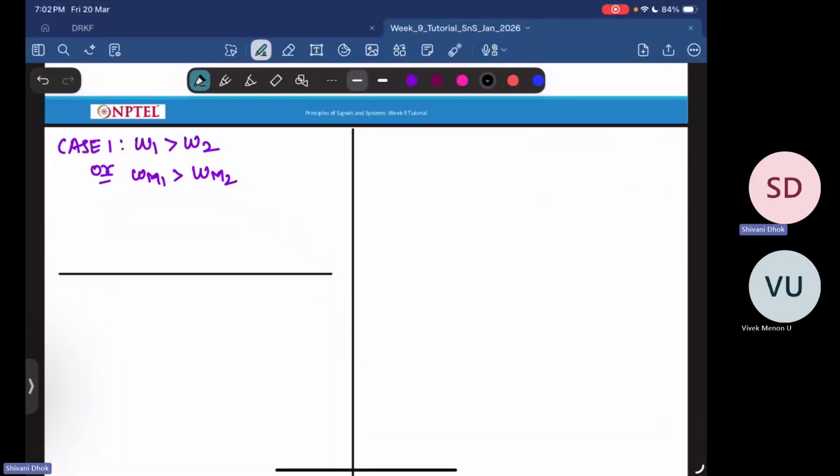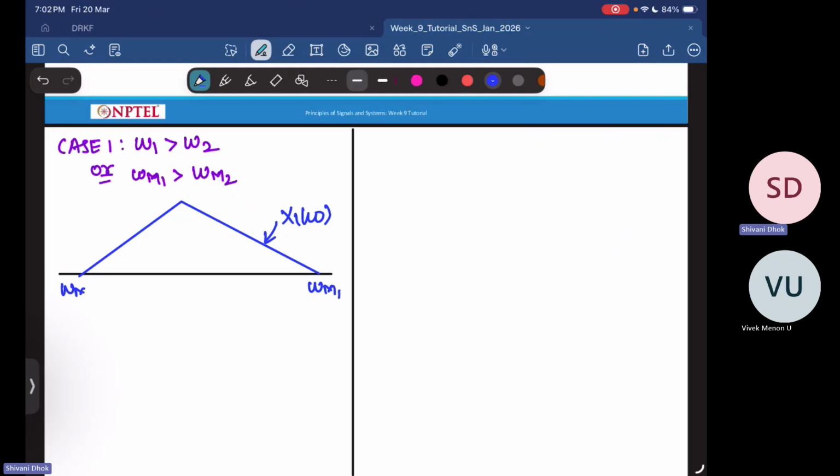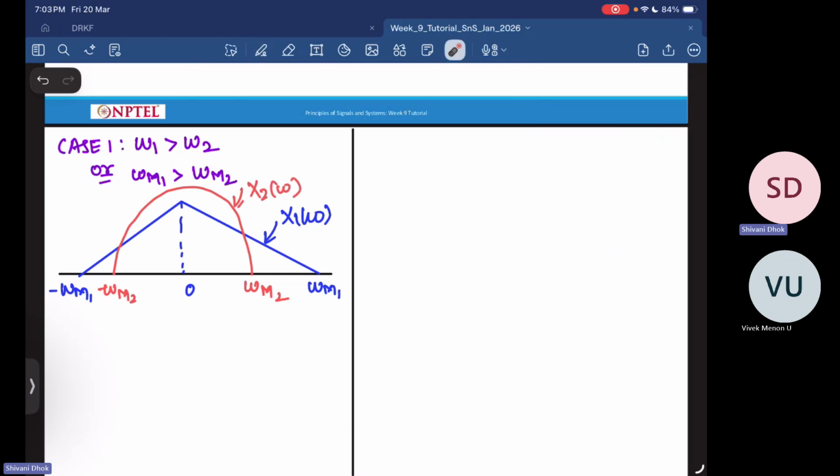Okay, so we have omega m1 greater than omega m2. Let's say this is your x1 of omega. This is omega m1, this is minus omega m1, and this is 0. Then you have your x2 of omega, something like this. Again, these are simple pictorial representations. This is omega m2 and minus omega m2, and these two signals are getting multiplied.